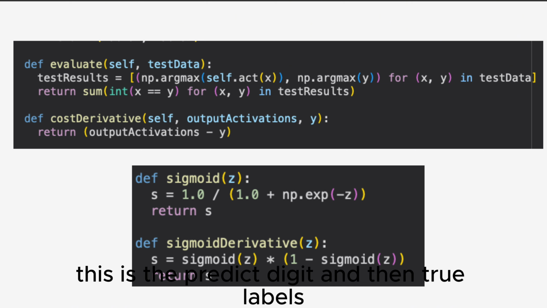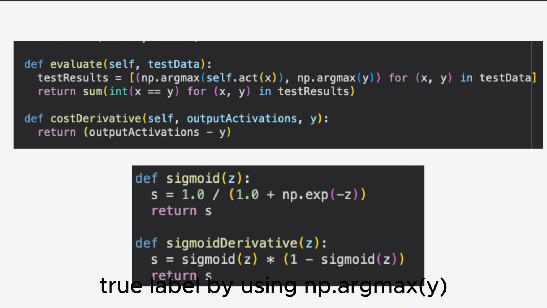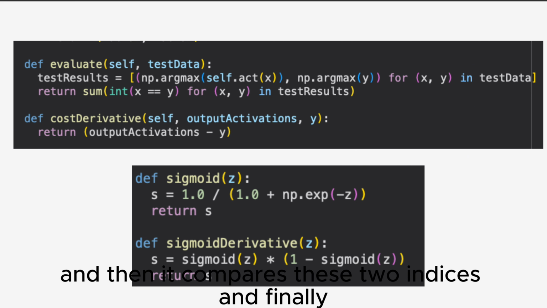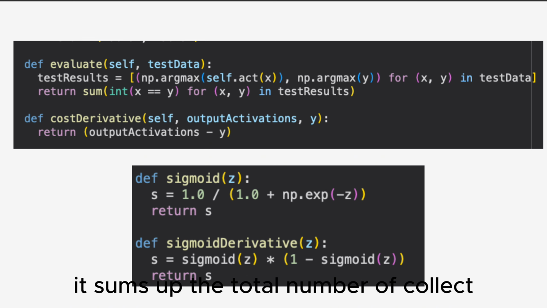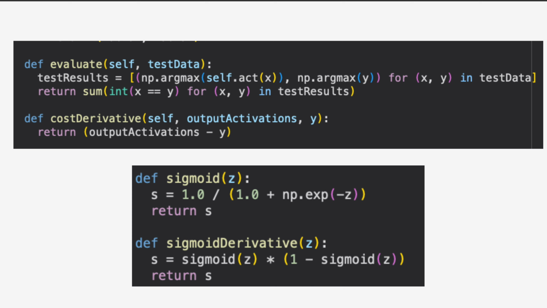And then the true label, which finds the index of the 1.0 in the one-hot encoded true label y using np.argmax y. This is the true digit. And then it compares these two indices, and finally it sums up the total number of correct matches across the entire dataset to return the final count of successful classifications.